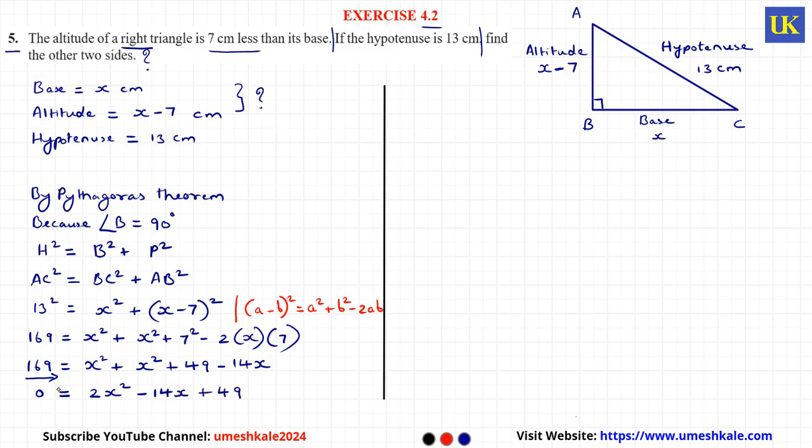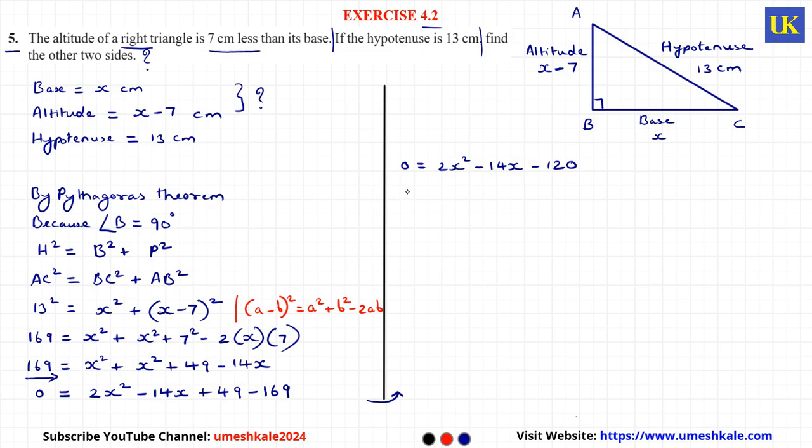Then this 169, when it comes here, will become minus 169. So 0 is equal to 2x square minus 14x, and this will become minus 120.